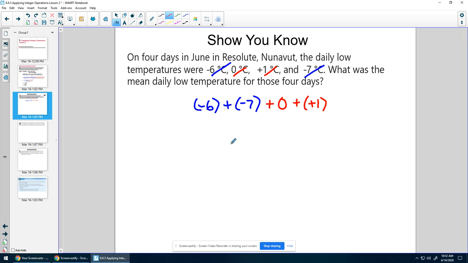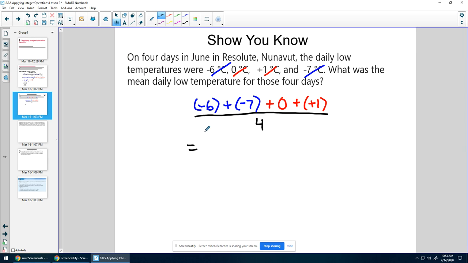But the reason I left it there is because we are finding the mean, so we need to divide the sum of our temperatures by the total amount of temperatures. If we leave out the 0, we might forget about it, and instead of 4, you think it's 3, and then you'll get the incorrect answer. So I left the 0 there just so we know that we are dividing by 1, 2, 3, 4.